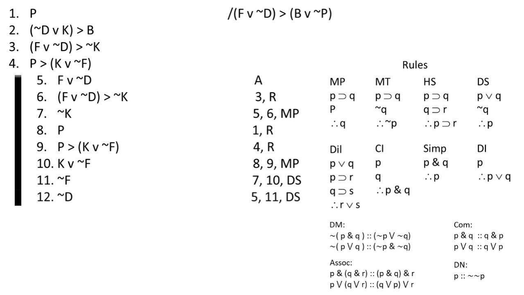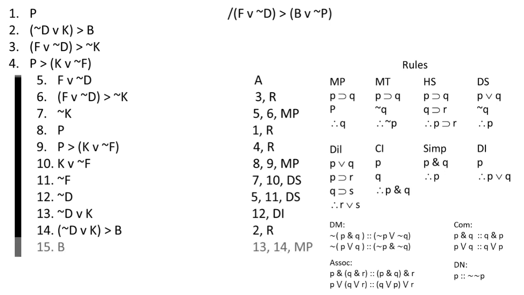Using not D from line 12, we can conduct a disjunction introduction, giving us not D or K, and then reiterate premise 2 on line 14, so that we can use lines 13 and 14 to conduct another modus ponens. This gives us B on line 15, which gives us what we need to build the consequent of our target conditional statement using disjunction introduction.